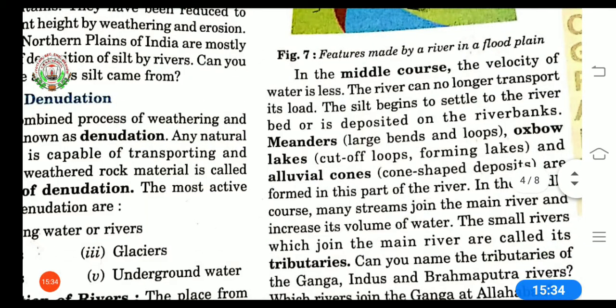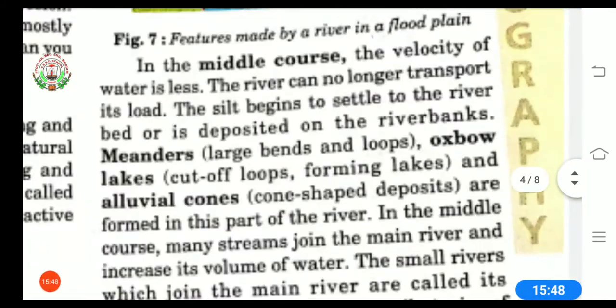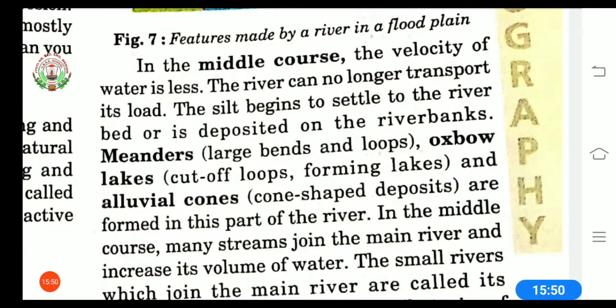They all are coming under middle course. In the middle course, the velocity means speed. The speed of or the velocity of the water is less. The river can no longer transport its load. The silt begins to settle to the river bed or is deposited on the river banks.